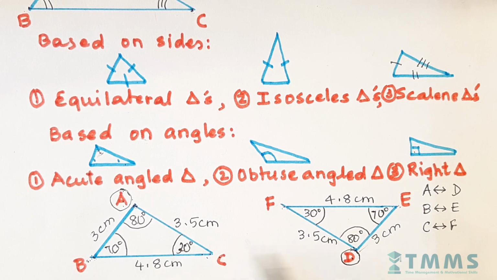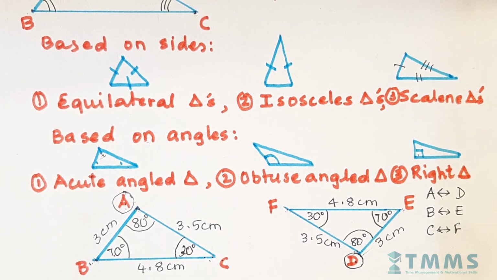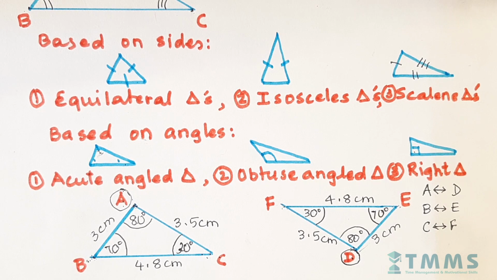Now, if that is what happens, then that means both of them are having the same measures, they are of the same size, and you will see that they have the same shape, which means the two triangles are congruent.